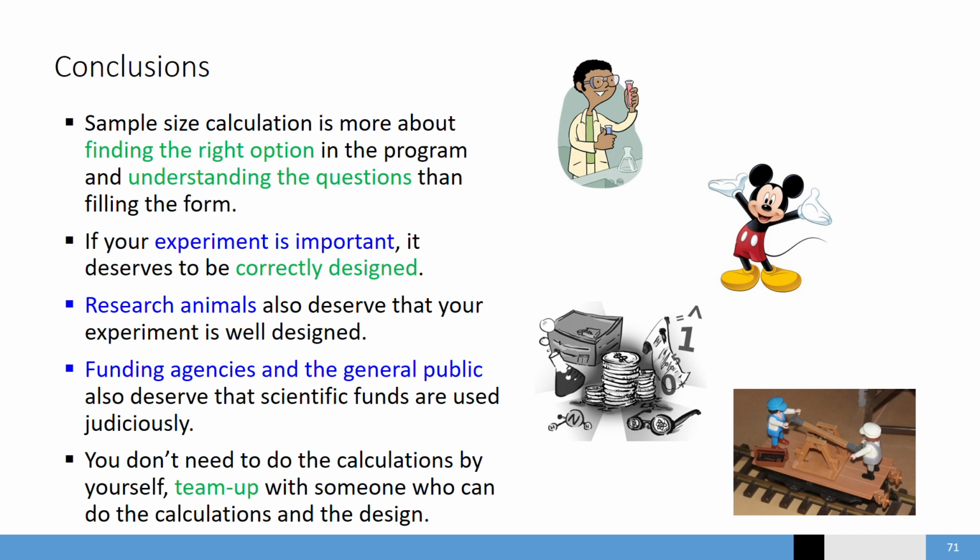If they will suffer from diseases, cures, treatments, they really deserve that you think about what you are doing with them. And the funding agencies and the general public that are paying their taxes also deserve that you use the scientific funds judiciously.